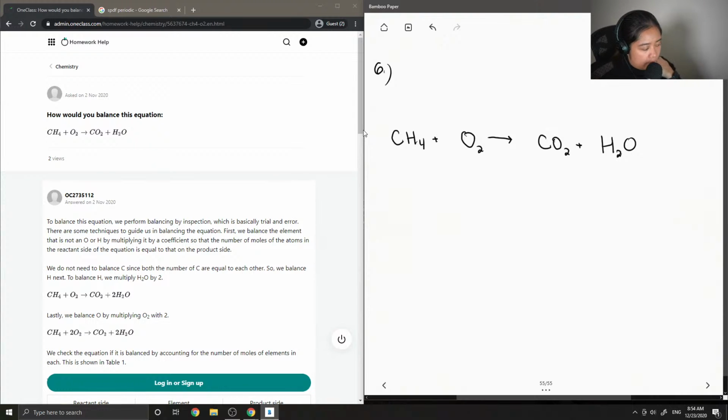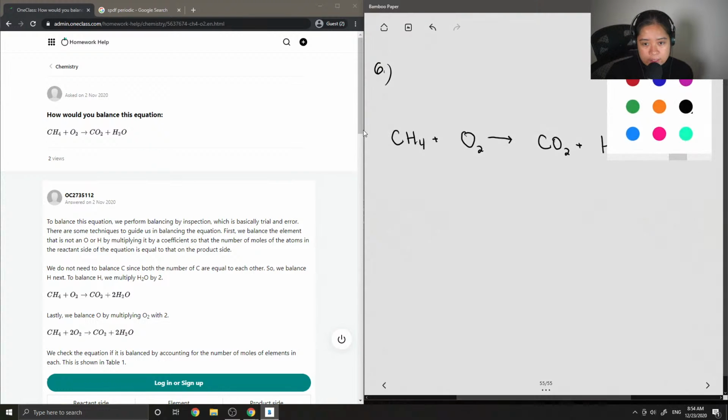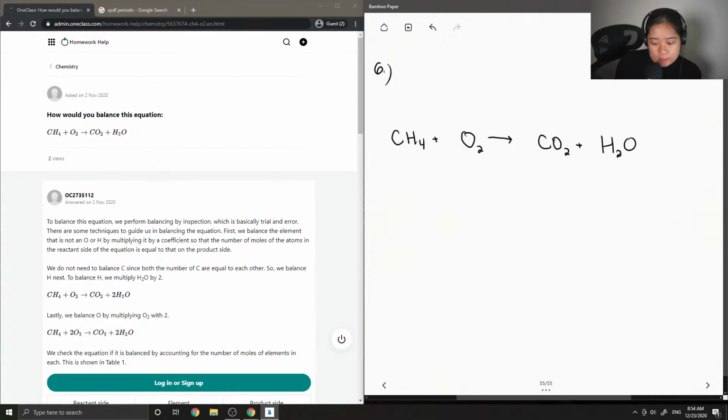Okay, so when balancing questions that contain the same atom in multiple compounds, so for example, there's an oxygen on our reactants, and then there's also an oxygen in carbon dioxide and also in water.